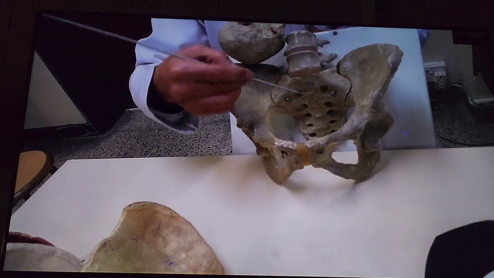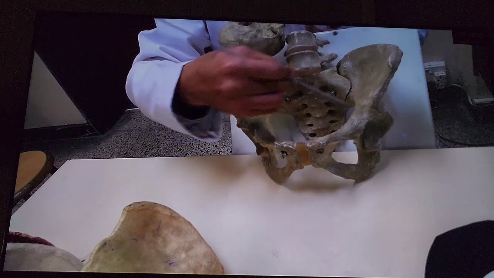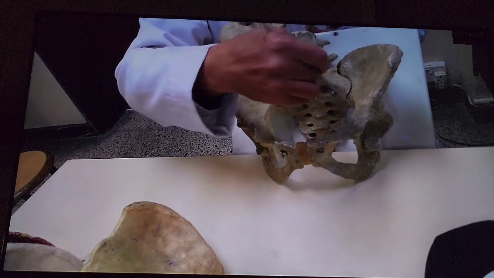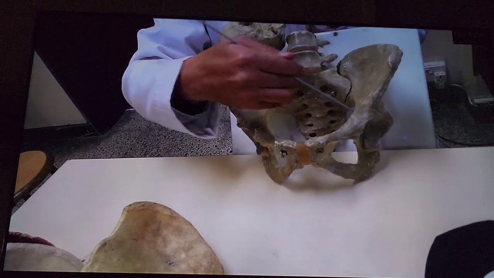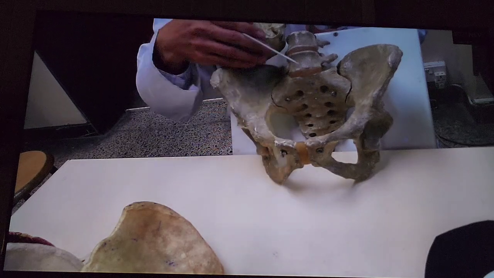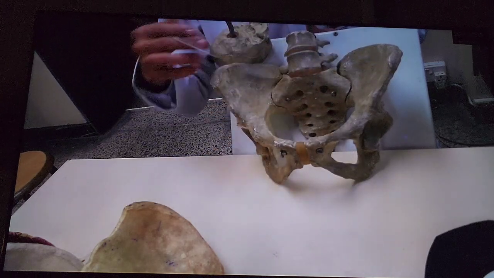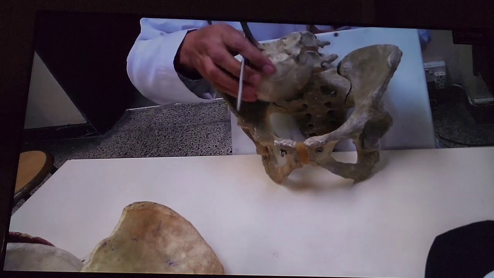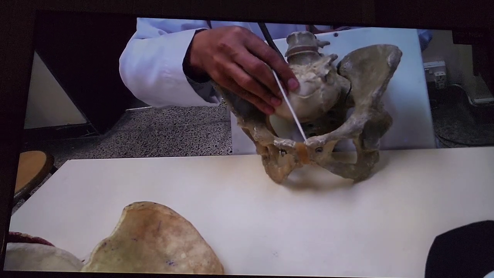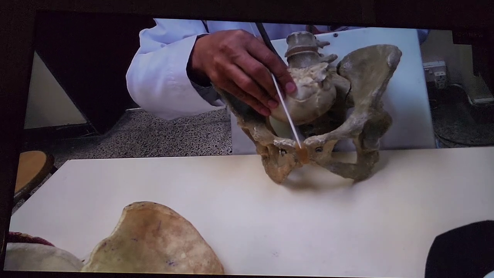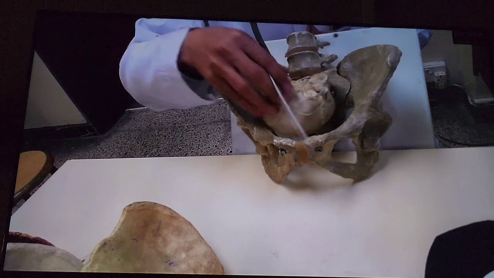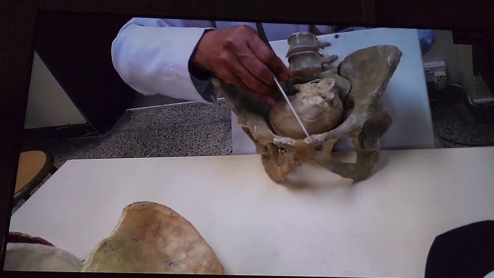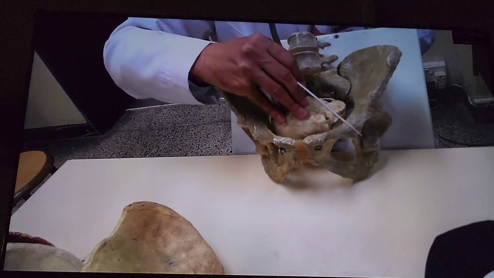The largest diameter of the pelvic inlet is the transverse diameter, about 13.5 centimeters, while the anterior posterior diameter here is about 11 centimeters. So the head of the baby descends down due to contraction of the anterior abdominal wall muscle and the muscle of the uterus, through the pelvic inlet into the pelvic cavity.